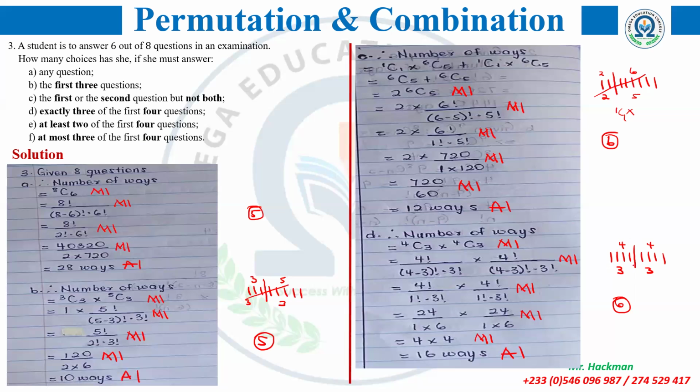From the 4 questions here, I can answer only 3, so it will be 4 combination 3. Once I've answered 3, I need to answer 3 more from the remaining 4. So again, times 4 combination 3. She did perfectly well. So M1, the rest, you should be able to deal with it. That will be it for D.